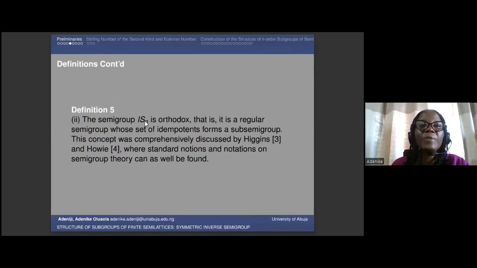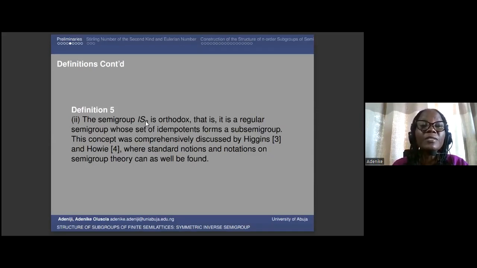Then the semigroup ISN is orthodox, which means it's a regular semigroup whose set of idempotents forms a sub-semigroup. Not all subsets of a semigroup form a sub-semigroup, and at the same time, not all idempotents form a sub-semigroup.